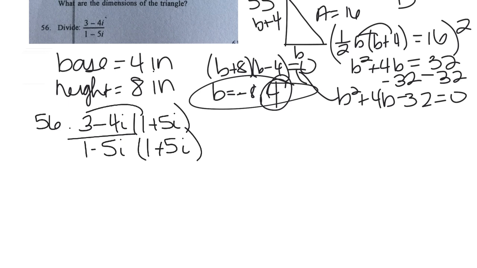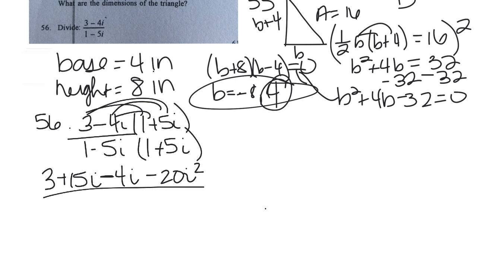We FOIL. 3 times 1 is 3. 3 times 5i is plus 15i. 4i times 1 is negative 4i. And 4i times negative 5i is negative 20i squared. In the denominator, I get 1 plus 5i minus 5i minus 25i squared.